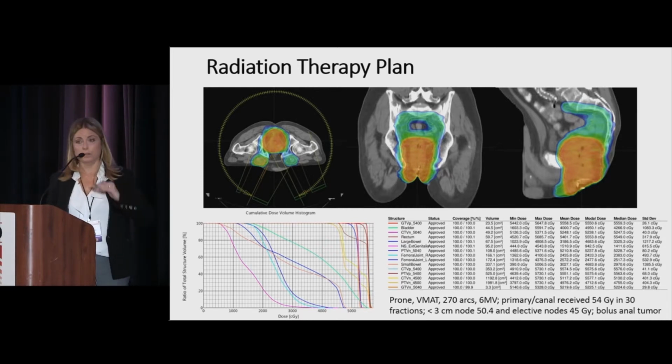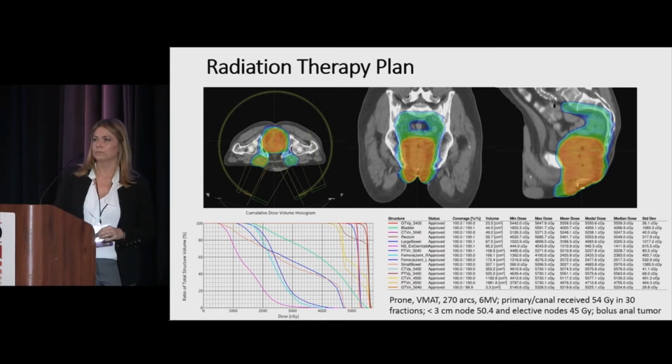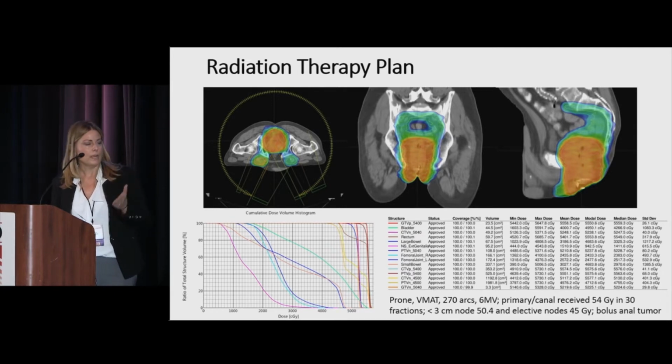But for T2N0s, 50.4, and then 42. So he had the nodal disease, so he gets the higher dose. So for T3, T4s, or N positive, we do 54 gray in 30 fractions. And that inguinal node, since it was small, got 50.4.